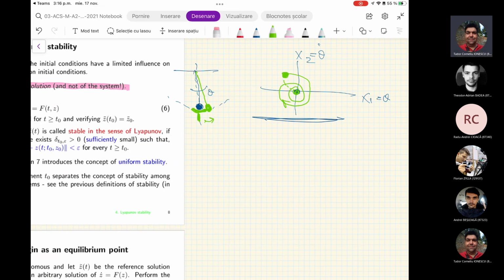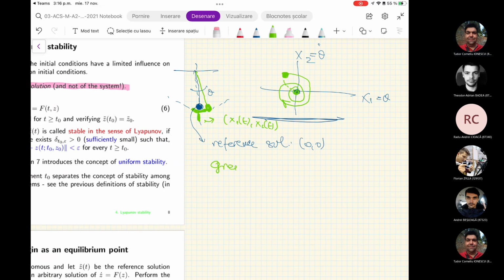So I can call this equilibrium stable. So this position, okay, is the reference evolution, or the reference solution. The reference solution 0, 0, okay? Then doing the disturbance, I get the solution x1(t), x2(t). This is the disturbed solution, okay?